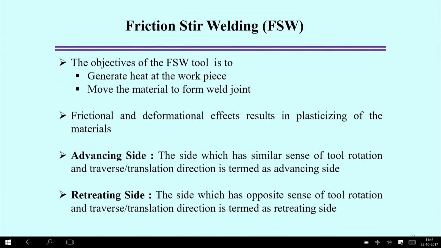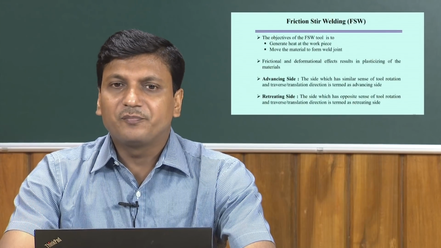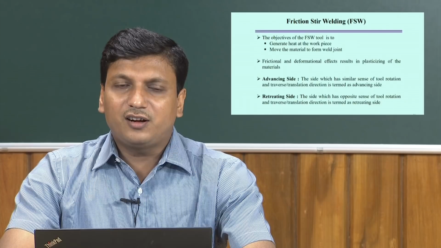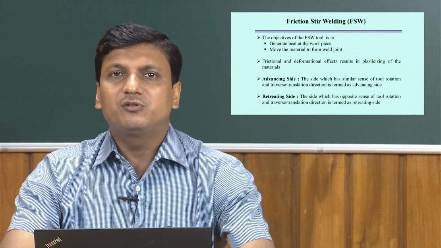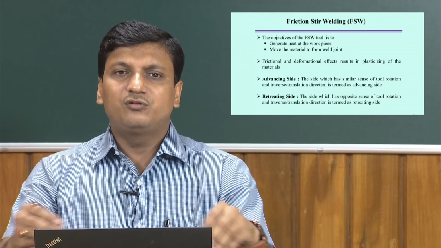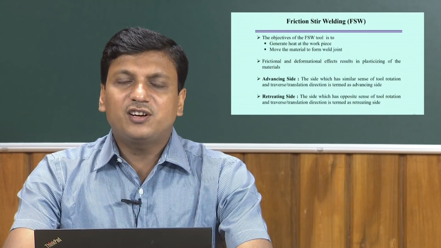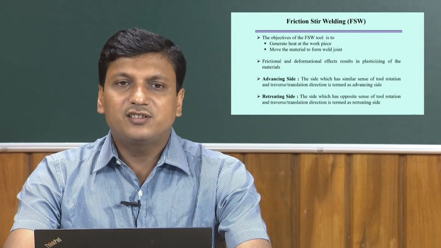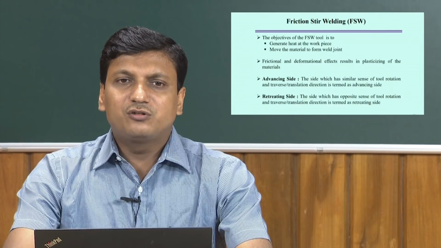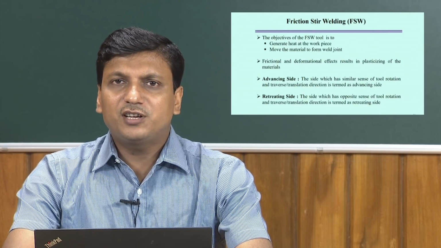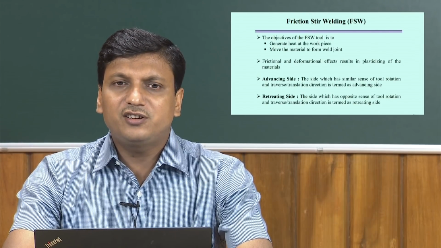Now, the main objective of friction stir welding is to generate heat at the workpiece surface, and the other objective is to move the material such that you will be able to join the two materials. Therefore, frictional and deformational effects result in plasticization of the material. With this objective we can define the advancing side and retreating side.